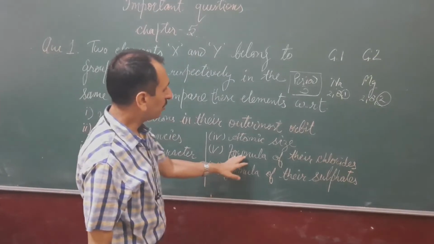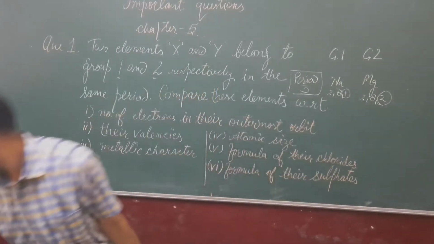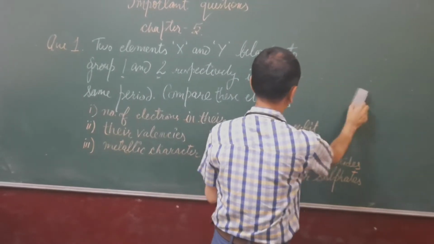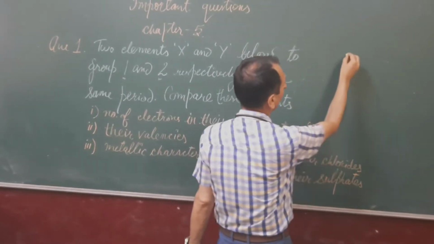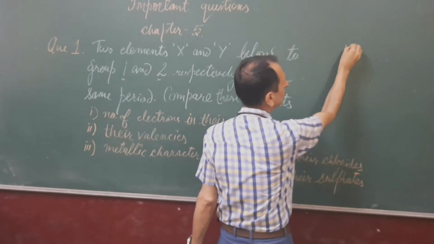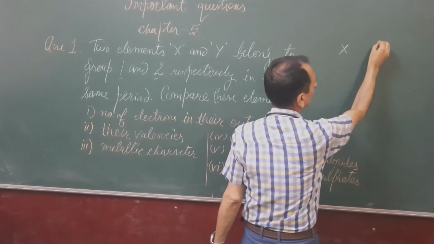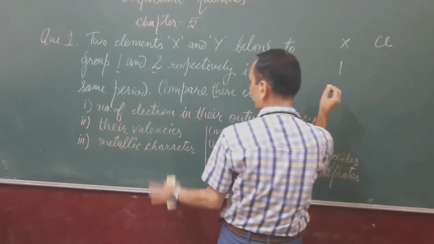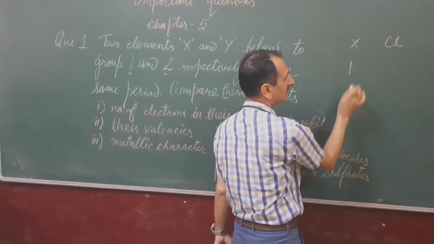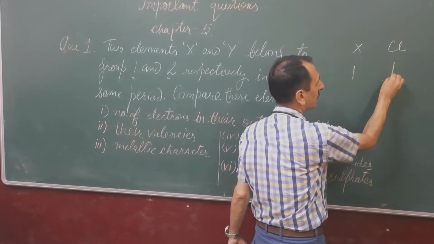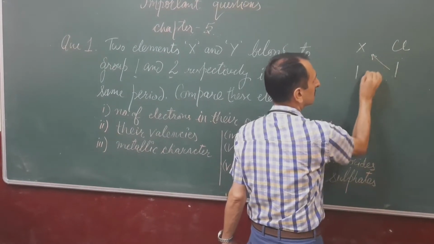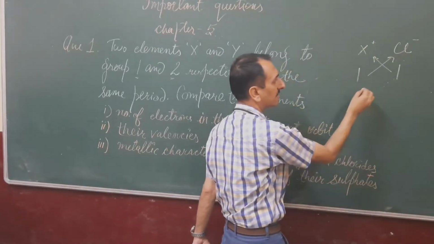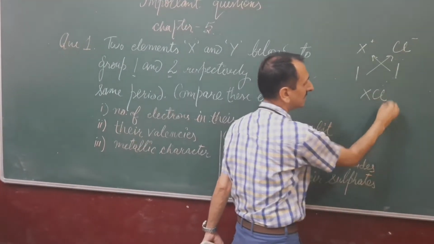Next one, formula of their chlorides. X element, chloride. Valency of X is 1, chloride 1, hence crisscross. It will form cation, it will form anion, hence the formula will be XCl.